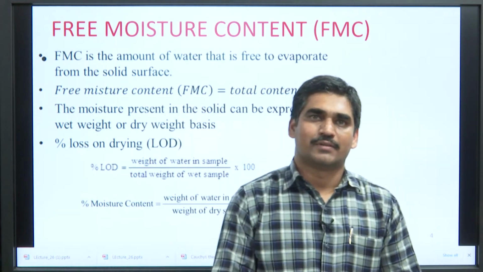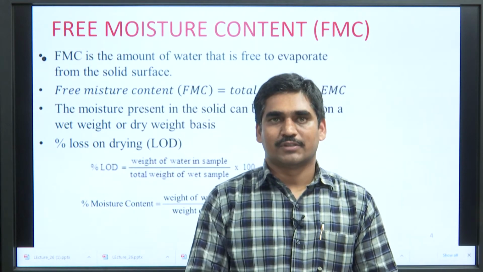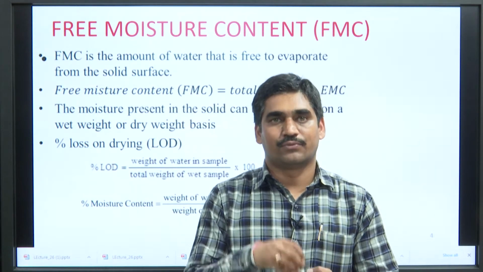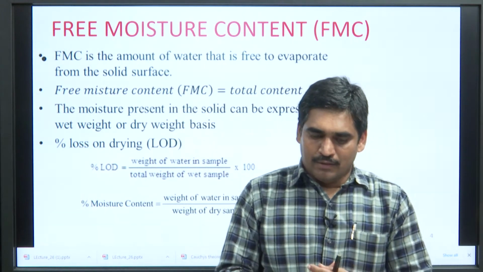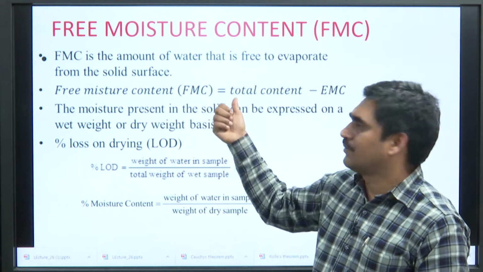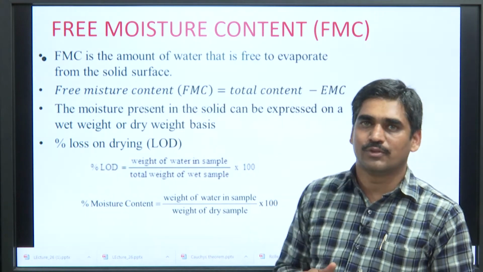Now, another term is free moisture content. Free moisture content, FMC, is the amount of water that is free to evaporate from the solid surface. That means FMC is equal to total moisture content minus equilibrium moisture content.